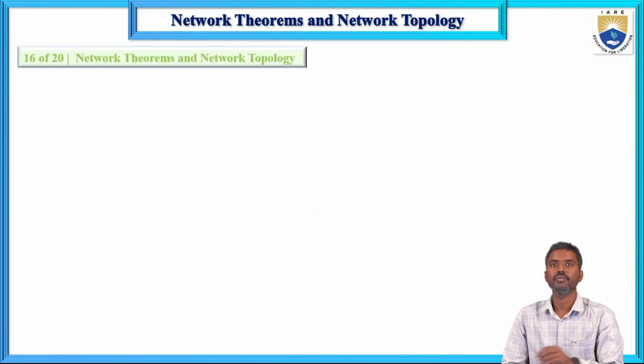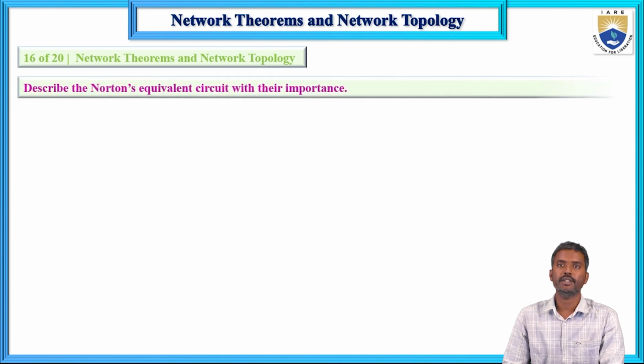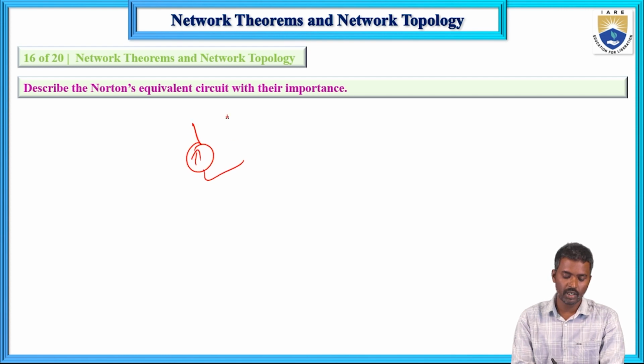Next question. Describe the Norton's equivalent circuit with its importance. So what is the importance? It is the same importance for Norton's equivalent circuit and Thevenin's equivalent circuit, both are the same. But here it is a current source in parallel with a resistance, so Rn and In.